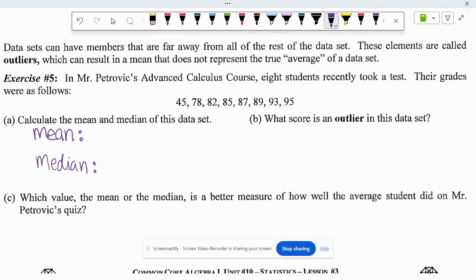So Matthew, you ready? Yeah. What did you get for the mean, Matthew? 81.75. That's what I got. 81.75. I'm going to put percent because we're going to assume that their test scores are a percentage. You ready, Seamus? 86 for the median. 86%.